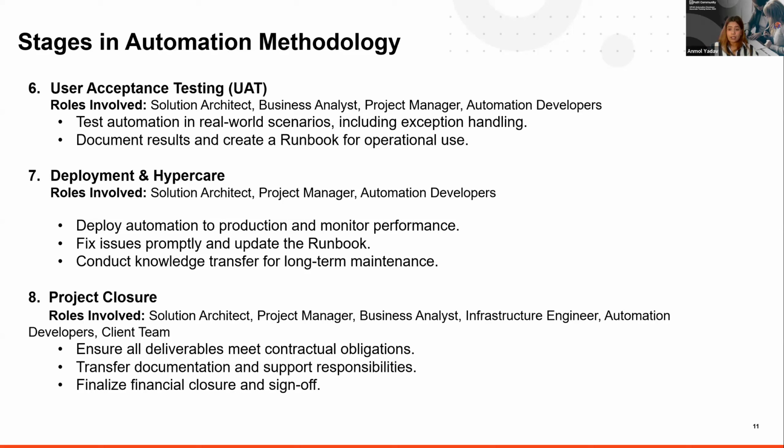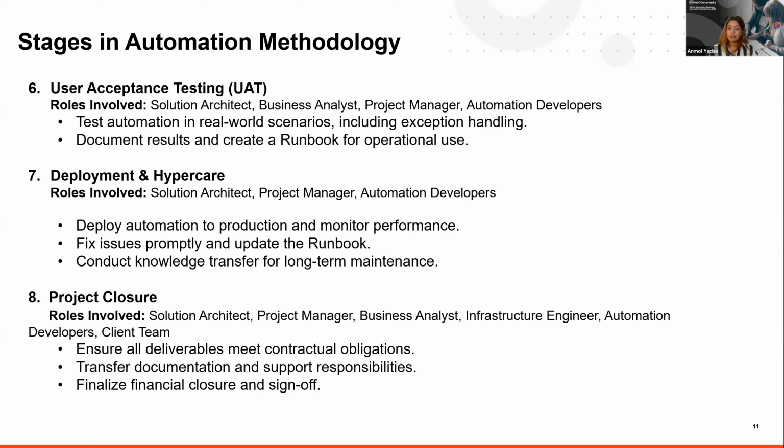Now, the hypercare stage is a time of increased monitoring where you're very actively and closely monitoring the process that is running in production. And if there are any issues, you're quickly identifying and addressing those issues to make the process that you've just deployed stable in the production environment.